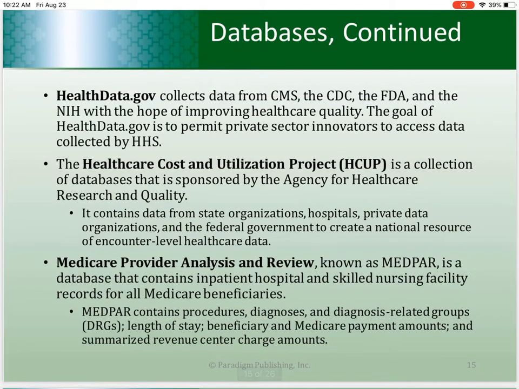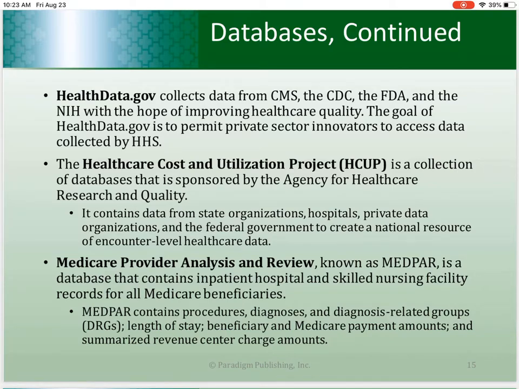So healthdata.gov provides access to health data with the hope of improving healthcare quality. Healthcare data is collected from various sources such as CMS, the CDC, the FDA, and the National Institutes of Health. The database is used by innovators who are developing new applications and services that can improve the quality and delivery of healthcare.